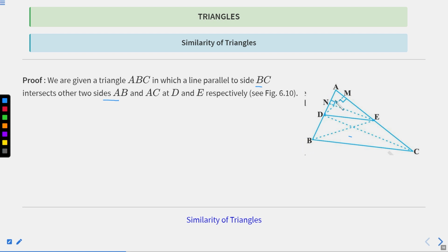That means this angle is 90 degrees and this angle is 90 degrees. So DM is perpendicular to AC and EN is perpendicular to AB.